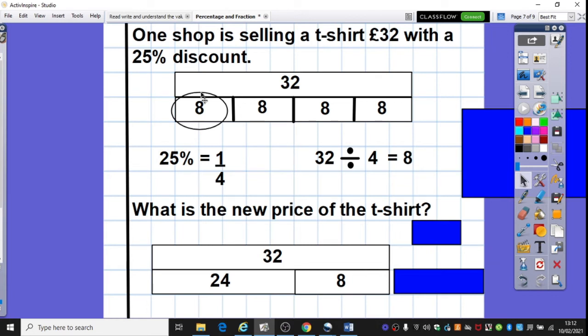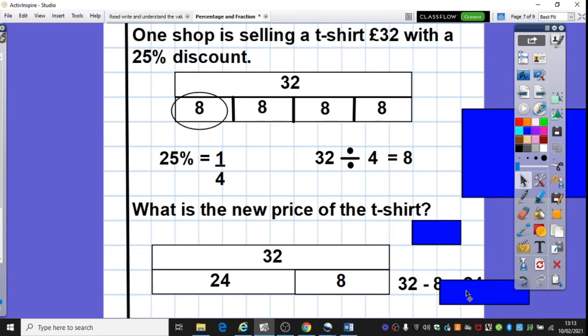However, some of you may also have this next part to the question. What is the new price of the t-shirt? So the t-shirt was £32, the whole amount was 32, and this time it's got a 25% discount. This means it's a discount, it's being taken off the original price. If we're taking off, we're taking away. So we need to take away that discount from the original price of £32.